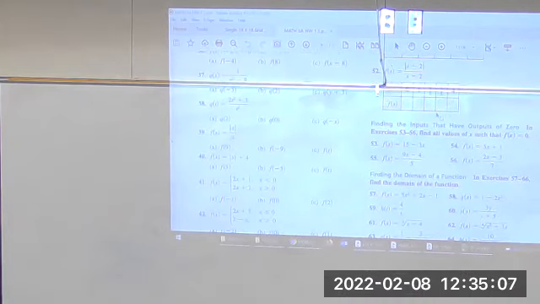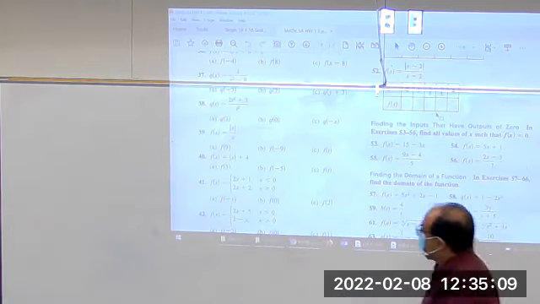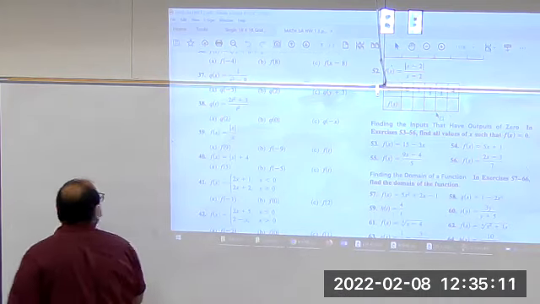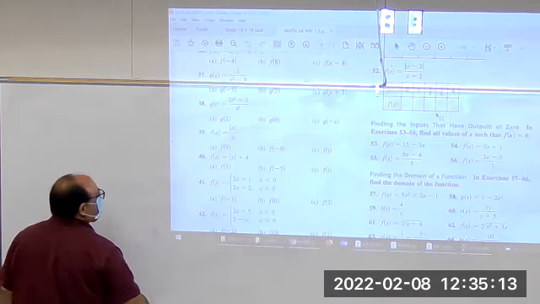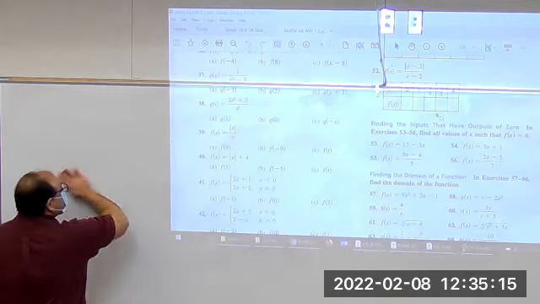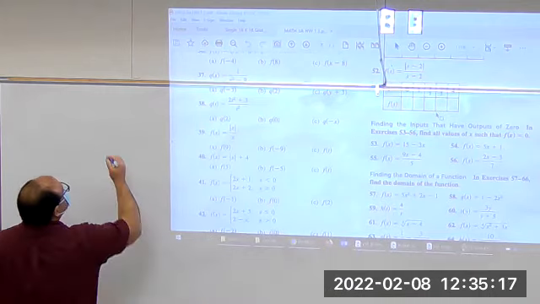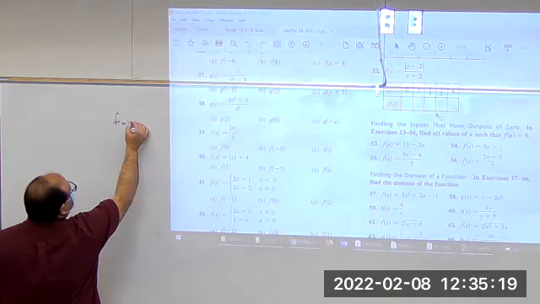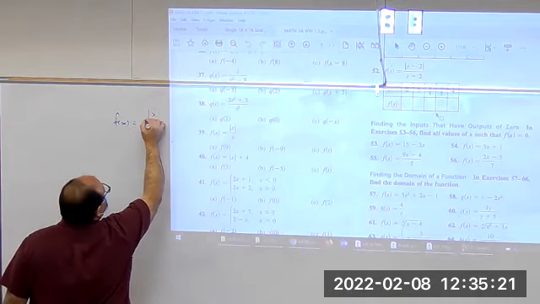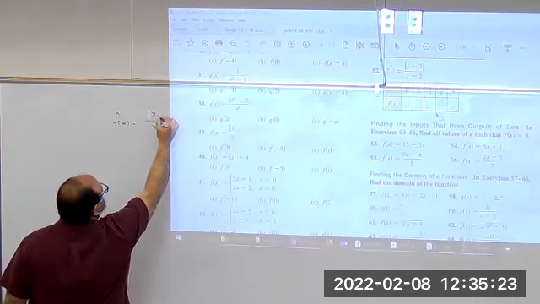This type of function, f of x equals absolute value of x over x, happens quite a bit in a calculus class. Absolute value of x divided by x.